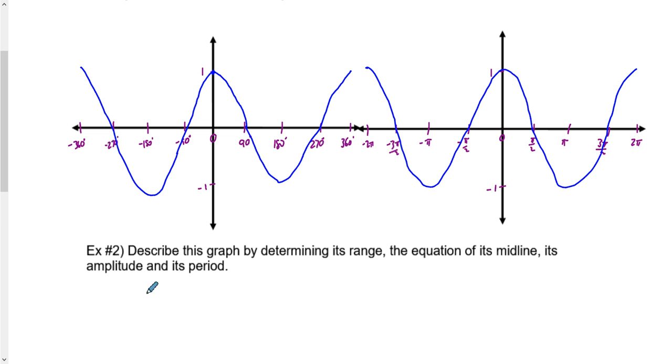So let's talk about a few things. Let's talk about the range. Well, on here, our lowest value is -1, and our highest value is +1. Our midline, the line that would split either of these graphs, again, we have one in degrees and one in radians, is still our x-axis, which is the equation y equals 0.